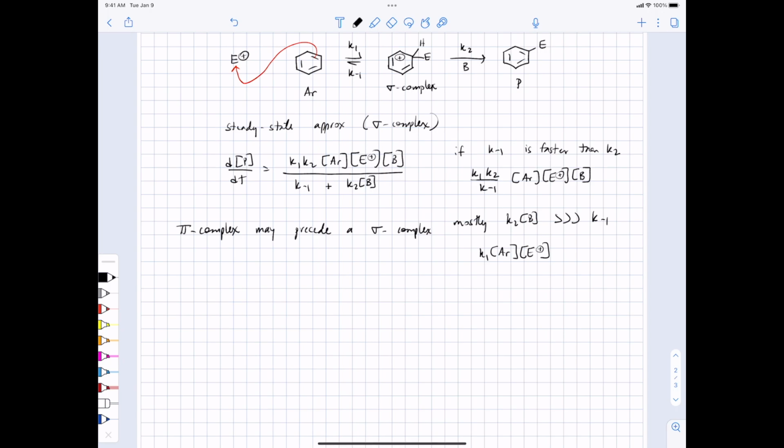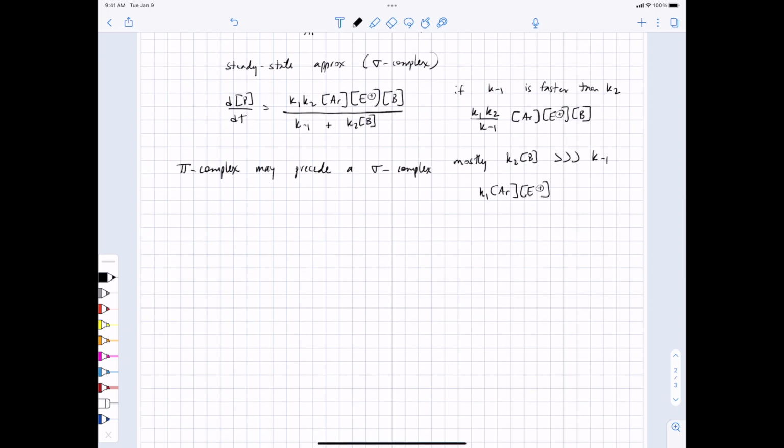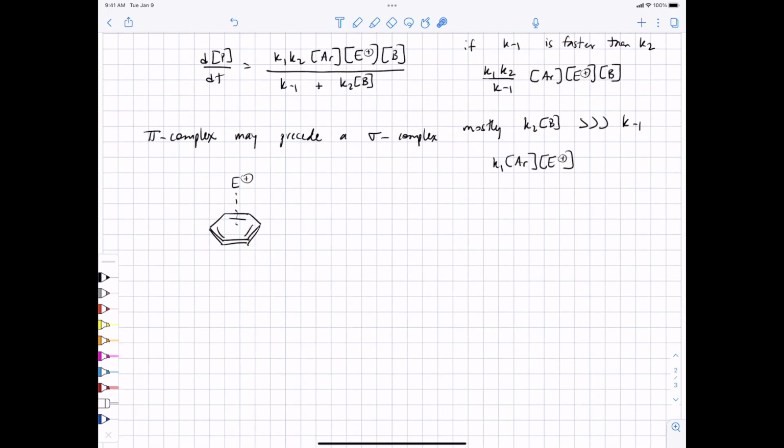And so what am I talking about? Well, we've learned that the face of arenes is electron rich. And so if you could imagine your electrophile as a cation or just an electron poor species sitting down on the electron rich face of the arene, and it's sort of a non-covalent interaction.